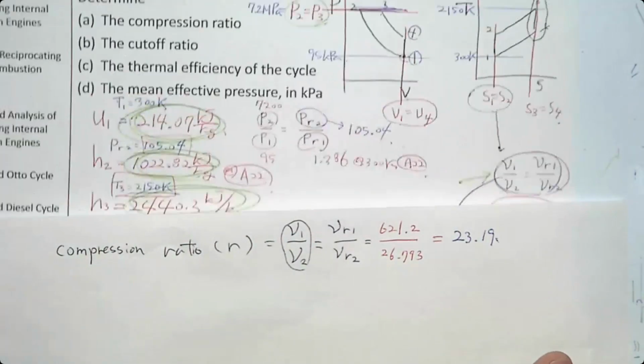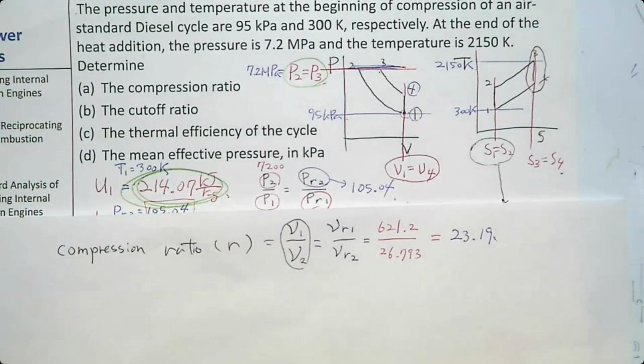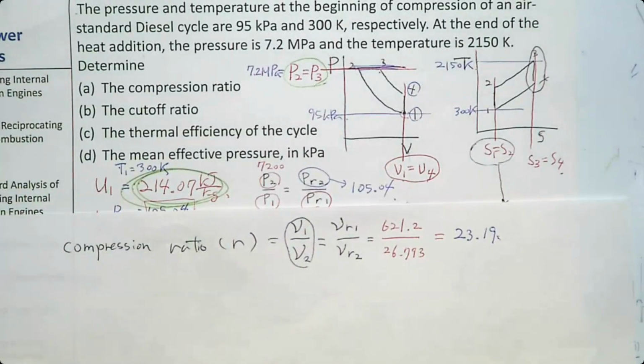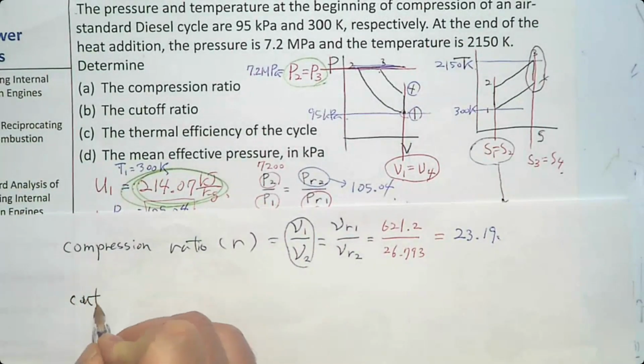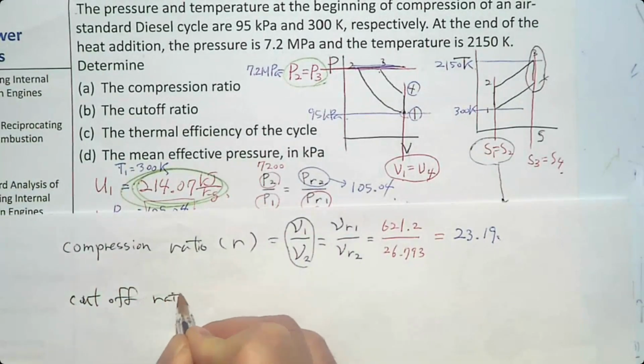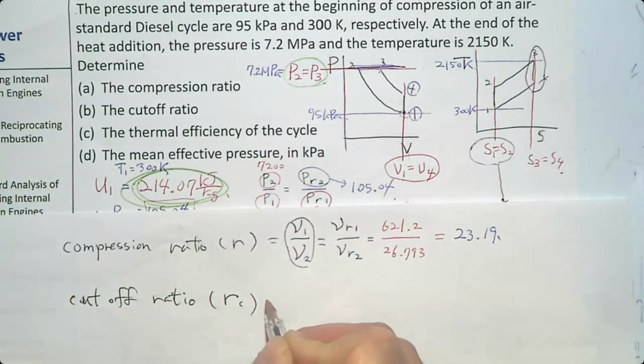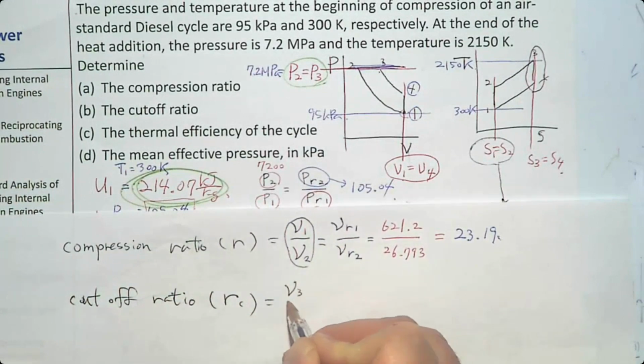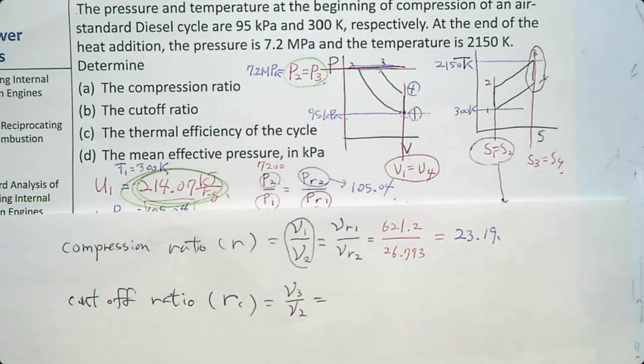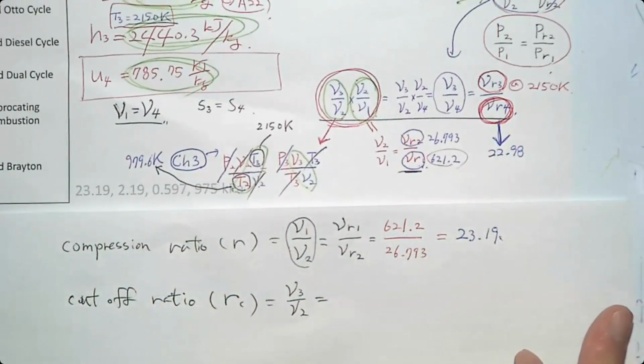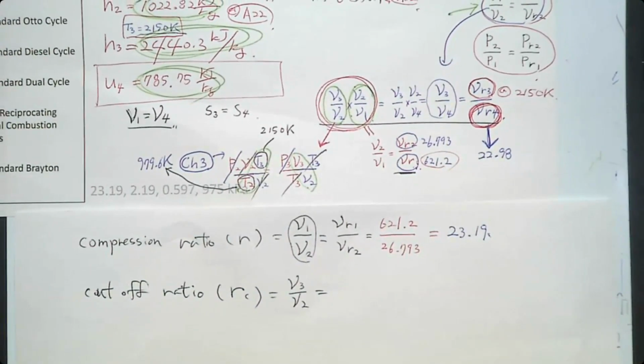The second problem is the cutoff ratio. The cutoff ratio is the volume ratio between 2 and 3. So cutoff ratio is R of C. This can be determined by V3 over V2. And we already determined V3 over V2 here, V3 over V2 is T3 over T2.